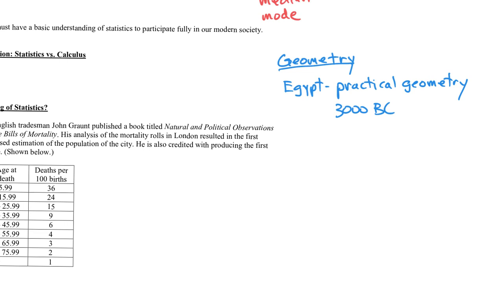So this is 3000 BC, and it has not changed. There have been no changes in this sort of geometry. The area of a square is still x squared, if x is the length of a side. Then the Greeks, who could talk about Euclidean geometry.